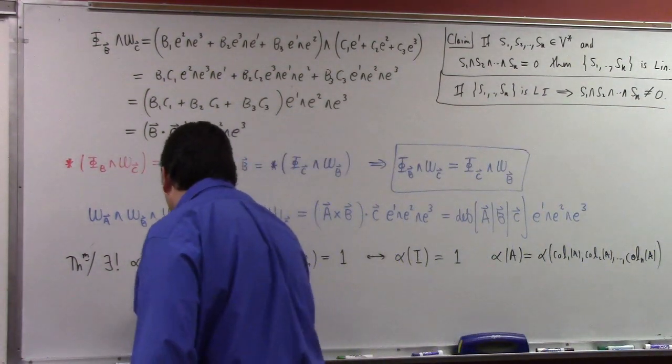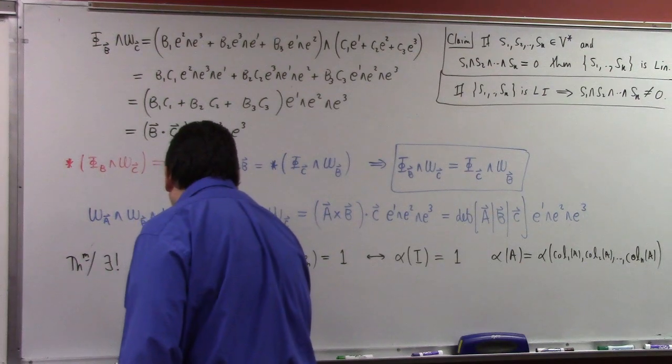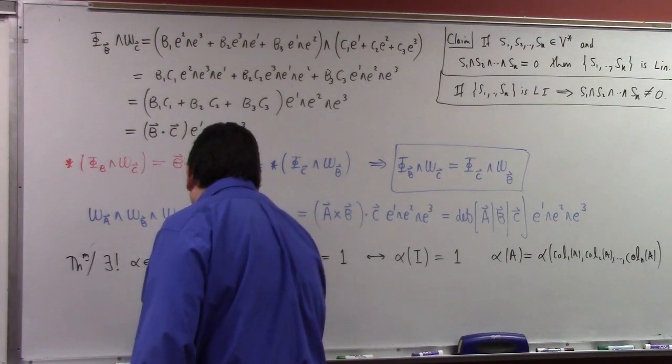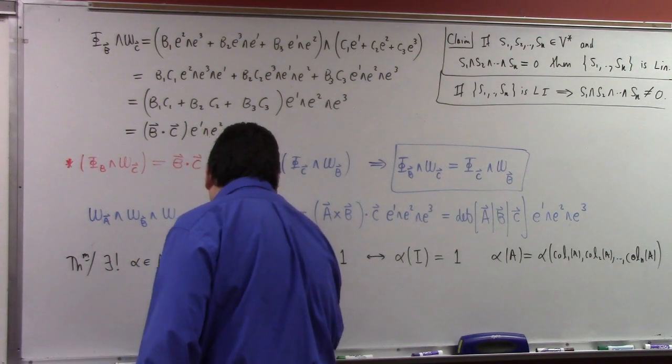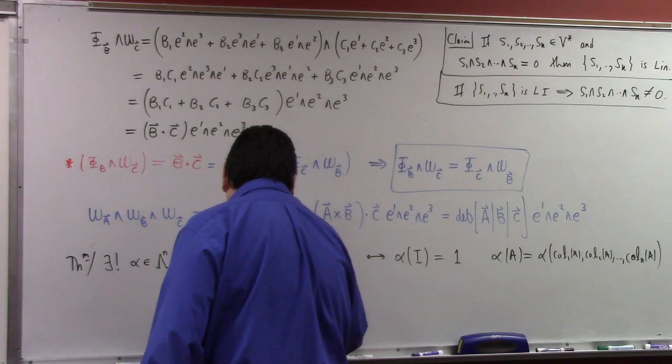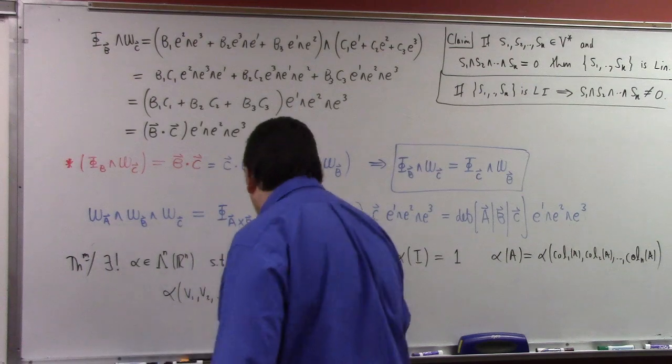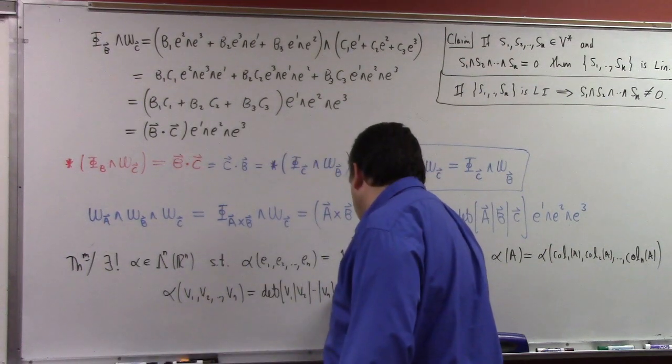So you can prove if you've got alpha of, say, V1, V2, up to Vn, well, that's equal to the determinant of the matrix which you get from just putting those as columns. Oh, my bad.